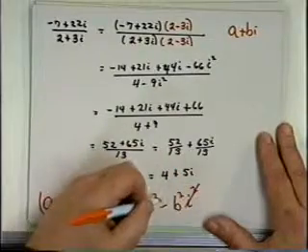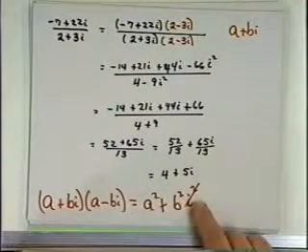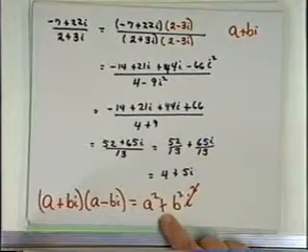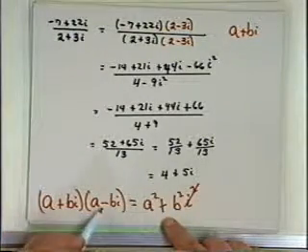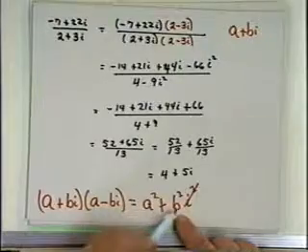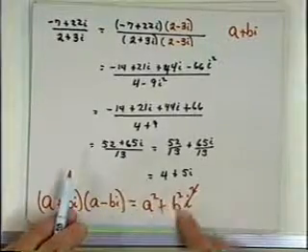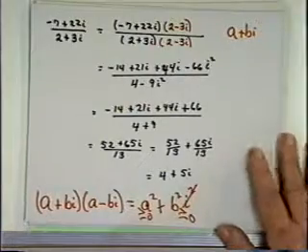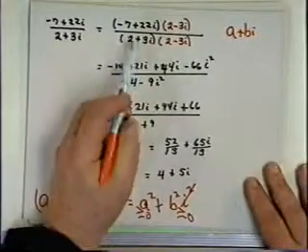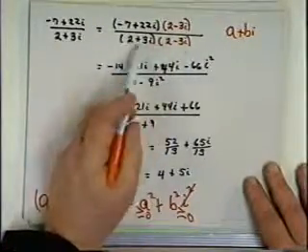But i squared is negative 1, and multiplying b squared by negative 1 makes this positive. So if I multiply a plus bi by a minus bi, I get a squared plus b squared. a and b are real numbers, so a squared is at least as big as 0. b squared is at least as big as 0. So what's happened is my denominator is going to become a real number.